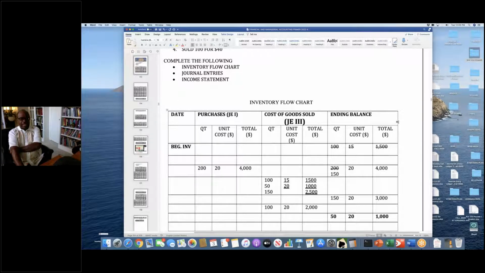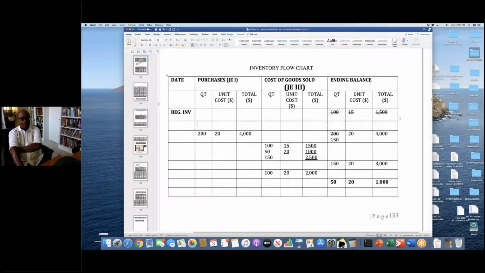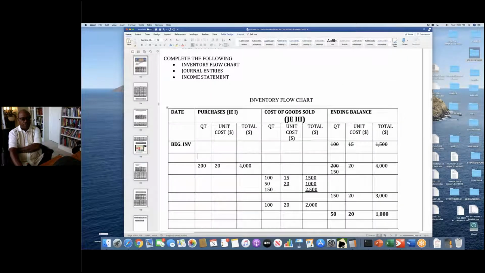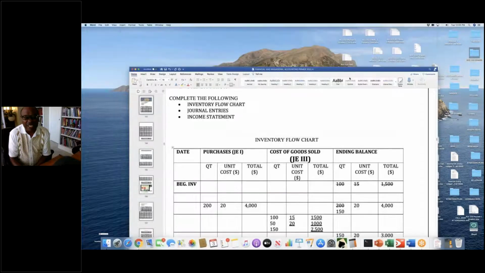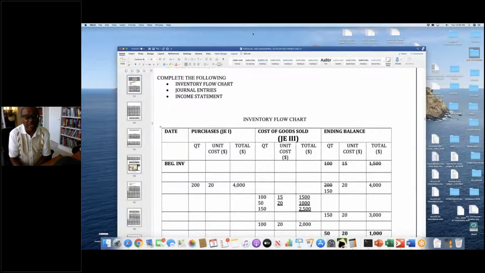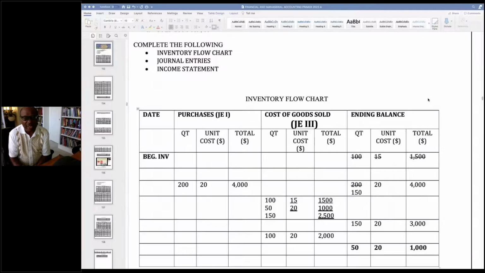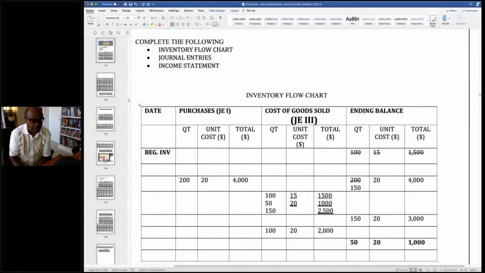Go into course content on the inventory. Go to course content on the inventories. Do you see anything in course content on the inventories?